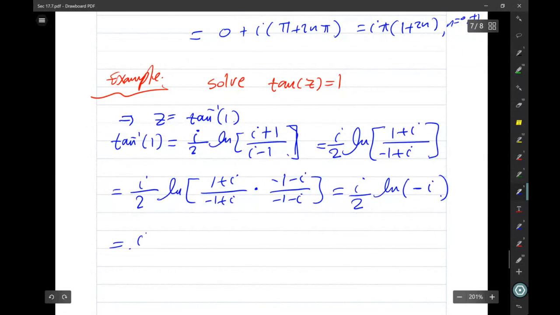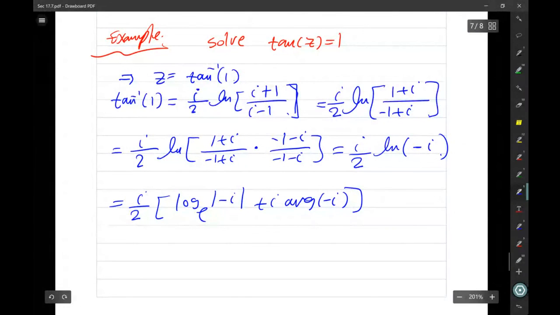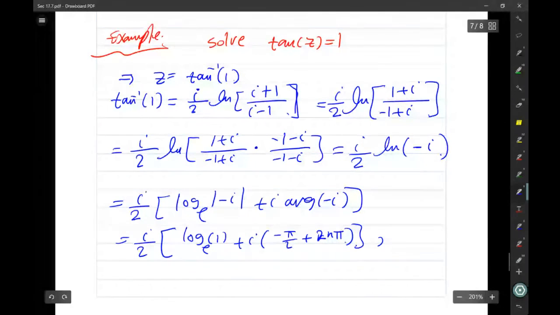This equals i divided by 2 times logarithm of the absolute value of minus i with base e, plus i times the argument of minus i. What's the argument of minus i? Minus pi over 2. So this becomes i by 2 times logarithm of 1 with base e, plus i times minus pi by 2 plus 2n pi, where n is 0, minus or plus 1, and so on.